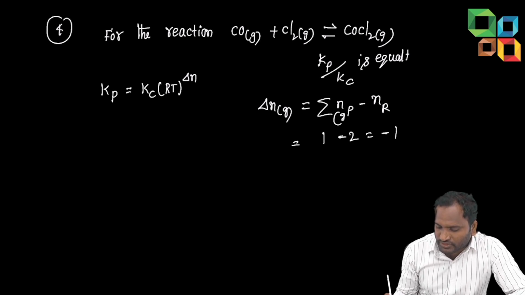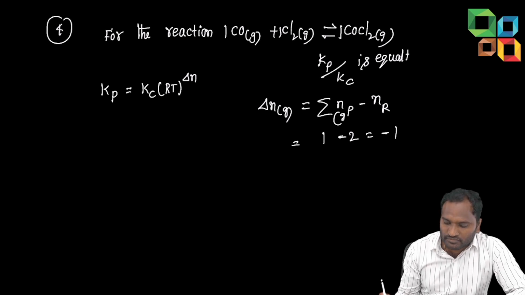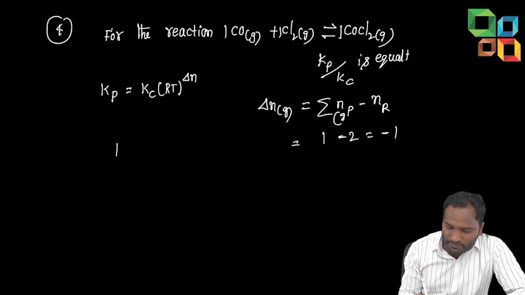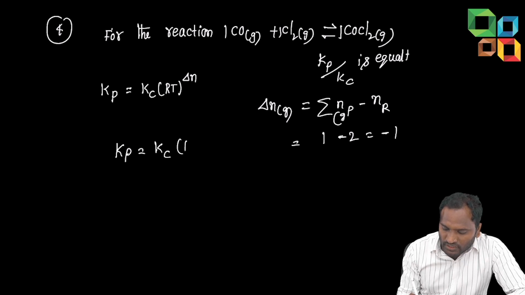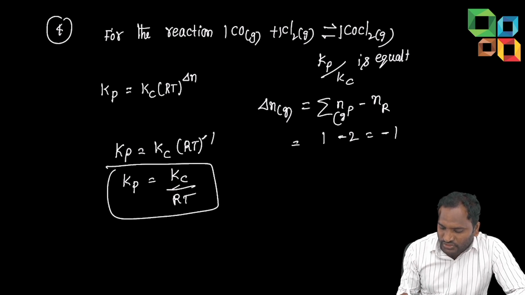How much will you get, students? Minus 1. Yeah, reactant side 2 moles are there, product side only 1 mole is there. Now Kp is equal to Kc into RT power minus 1. Now they asked the ratio, right?